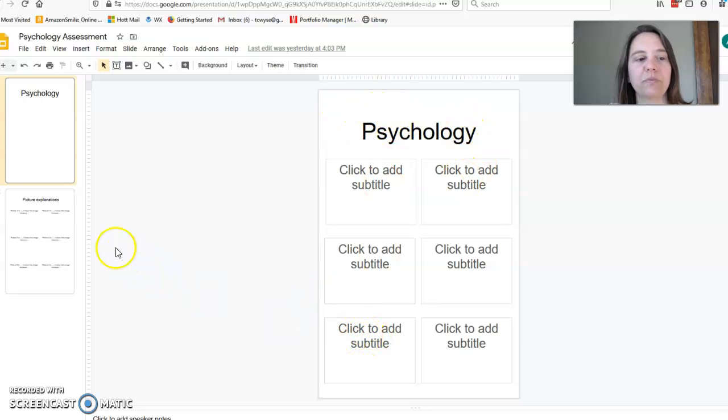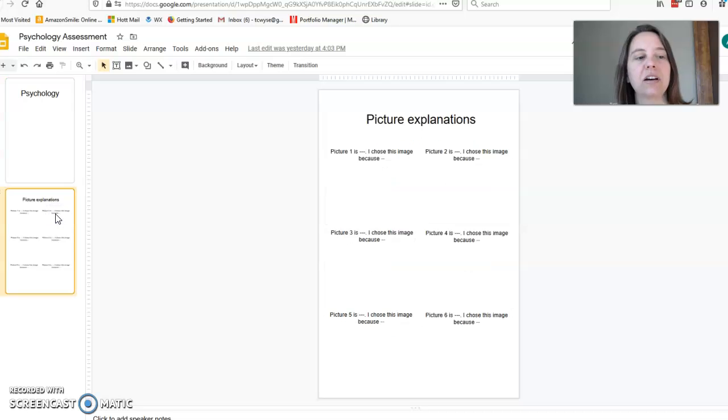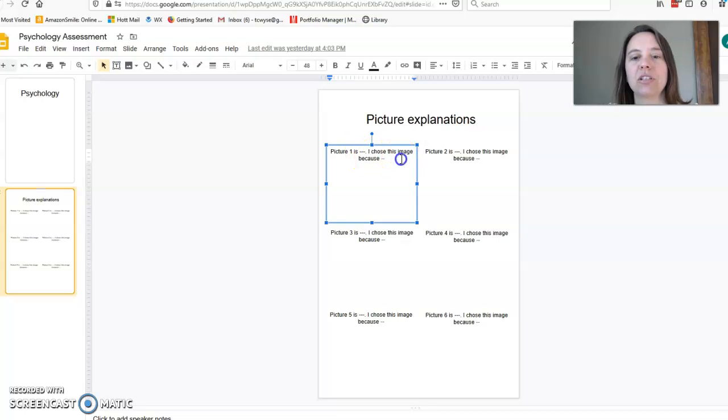And then on the quote-unquote back of the poster is where you get to explain what the images mean and how they show what you learned. Here's an example. Picture 1 is, and then you would tell me which picture is picture 1 and what it is. I chose this image because, and then you would explain what the image is, what you learned, and stuff like that.